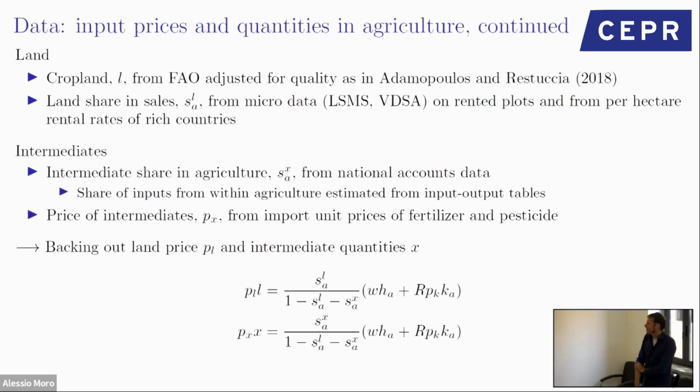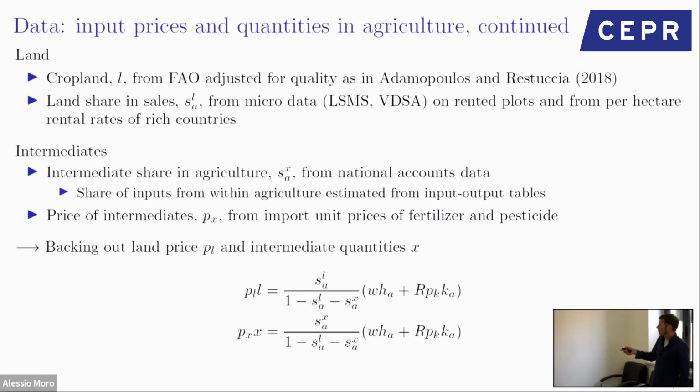Okay. So when it comes to land, we basically rely on Adamopoulos and Restuccia to adjust for quality of different plots of land. So it's not just a size measure, but we have a quality-adjusted size measure for the quantity. Then we target directly the land share.